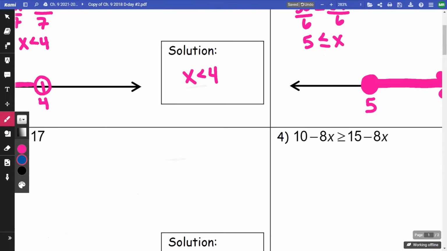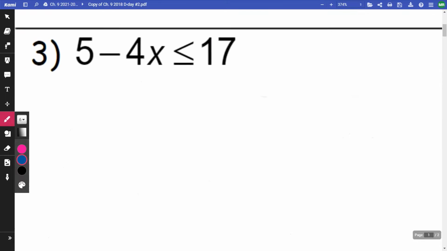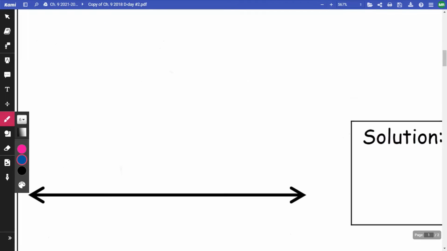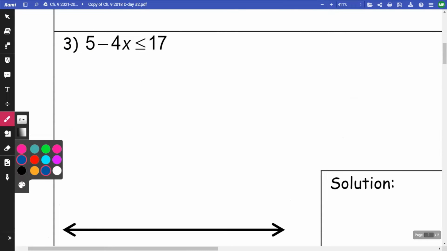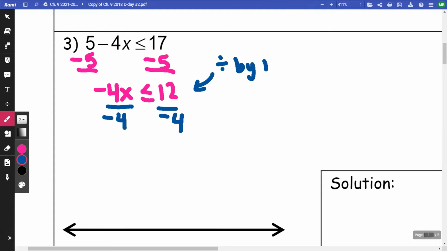On number 3, we have x back on the left-hand side. And what we're going to do is minus 5. When we do, we want to be careful. That's a negative 4x, less than or equal to 12. Now I'm going to divide by a negative 4. And remember, when you divide by a negative, you're going to switch the inequality direction.